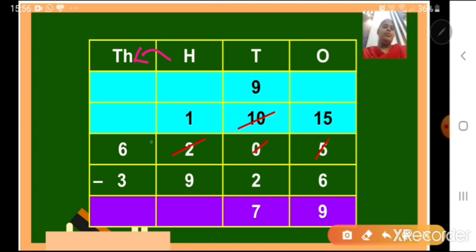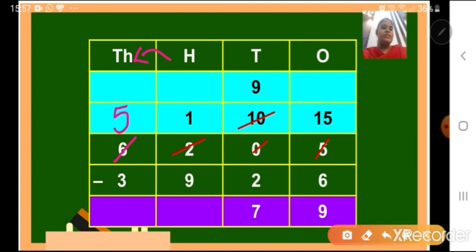So 1 will go to 6,000s. From 6,000 we will get 1,000. Okay. So 6,000 minus 1,000 is 5,000. So 6 minus 1 is 5. I will cut 6 and I will write 5. 1,000 is how many hundreds?